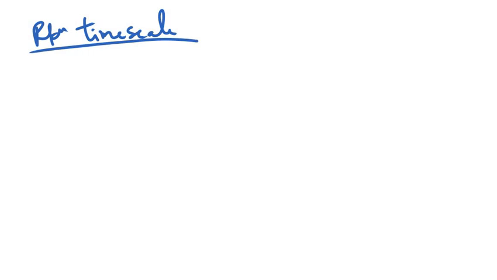Now, if we categorize in terms of time scale. So, if you do the categorization in terms of time scale, then reaction time scale. Now, let me write down the time scale then. So T is equal to d by v, distance by speed.